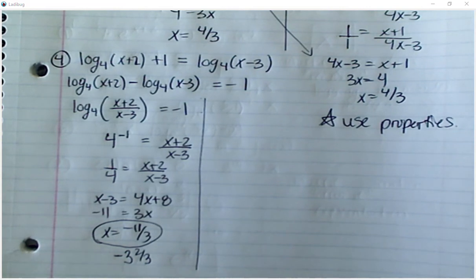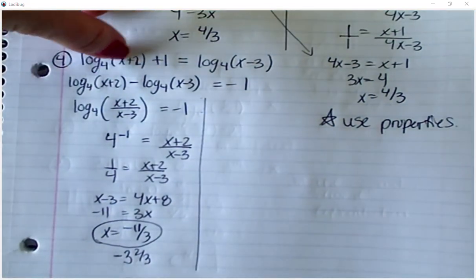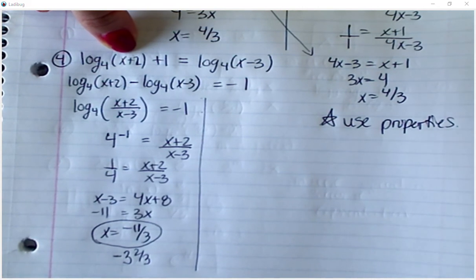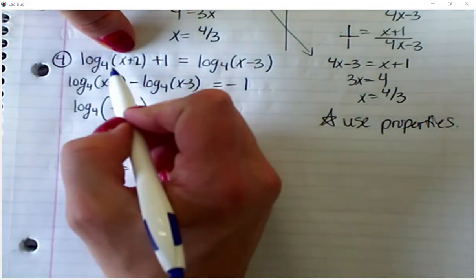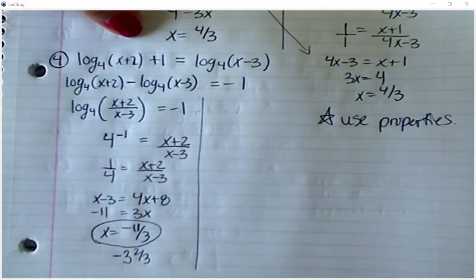Because the first thing I did when I looked at my answer is I looked back at my equation. I was like, does this make sense to me? Log base 4 of this doesn't make sense. I can't get a negative number inside of a log. It doesn't evaluate.